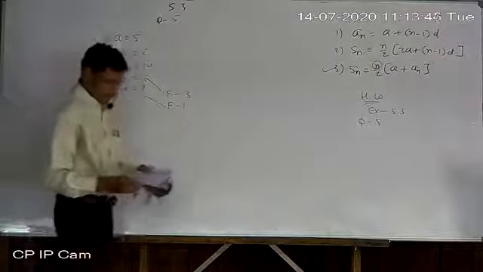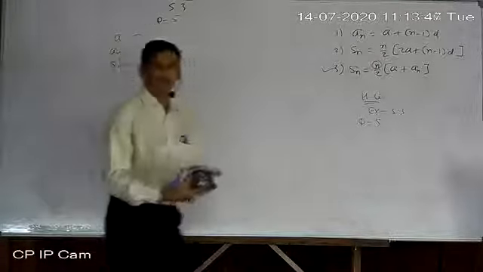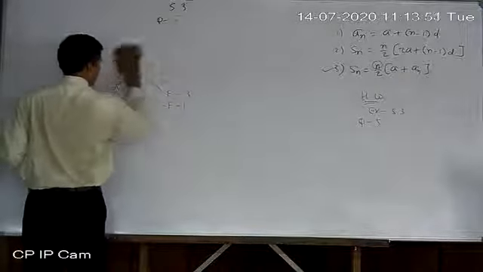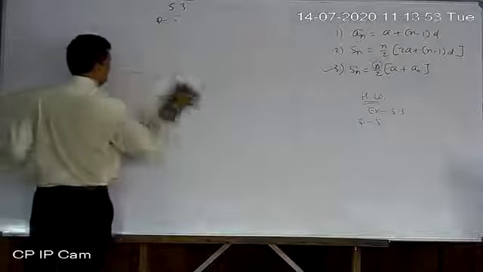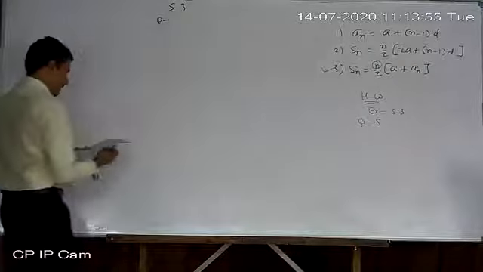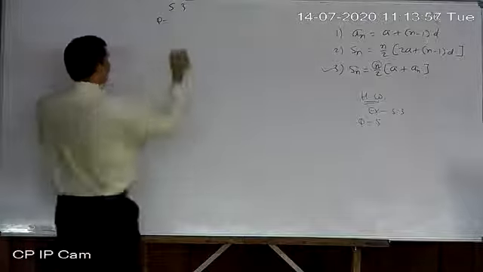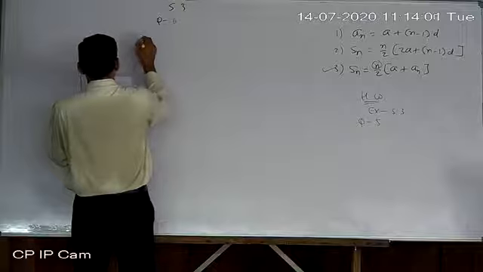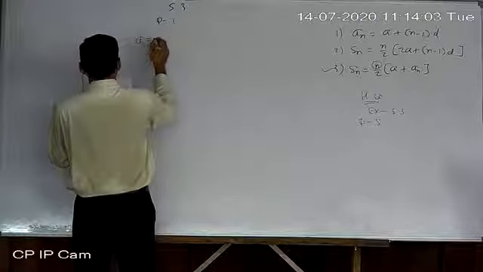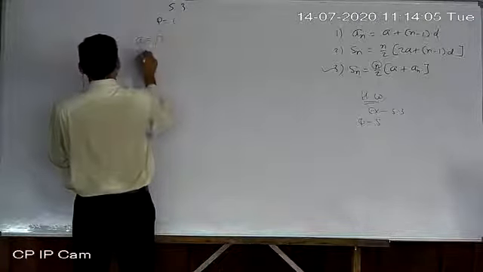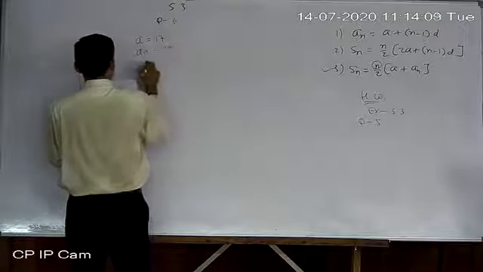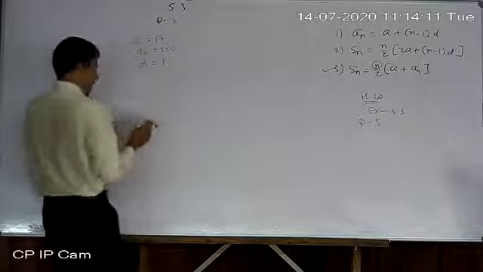Now look at number 6. Again prepare a list. First of all, read it carefully. First term is 17, last term is 350, common difference is 9.